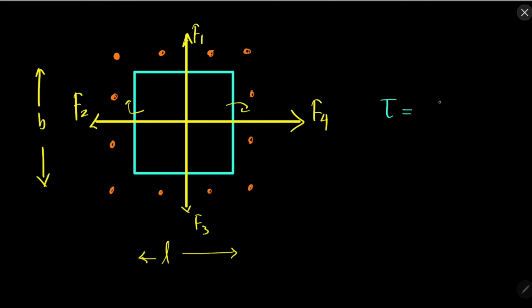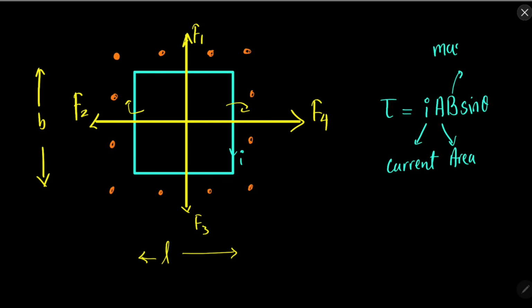The torque is given by I A B sine theta, where I is the current in the loop, A is the area of the loop, B is the external magnetic field intensity, and theta is the angle between the area and magnetic field.